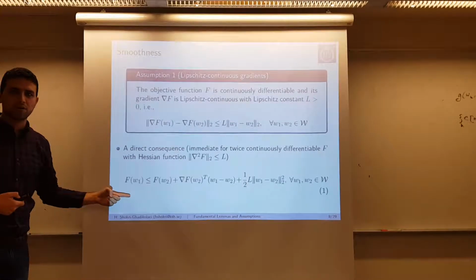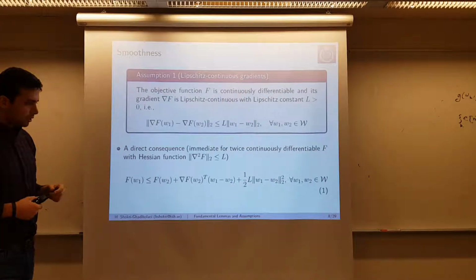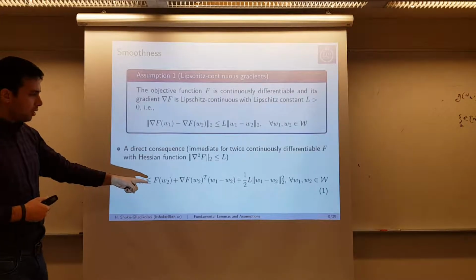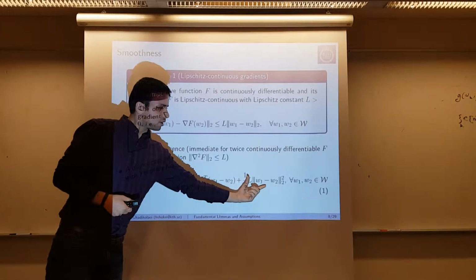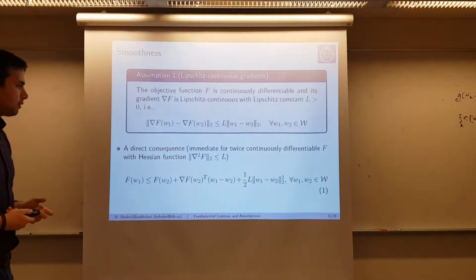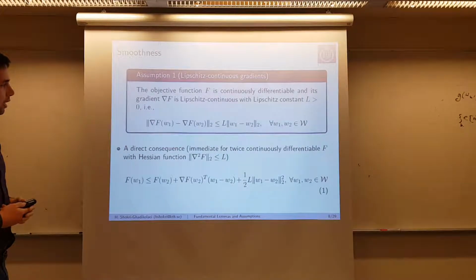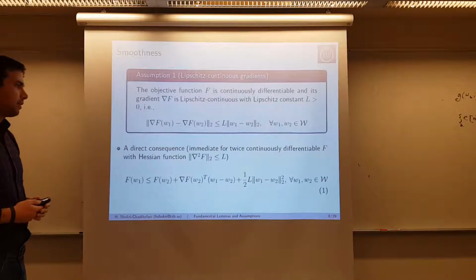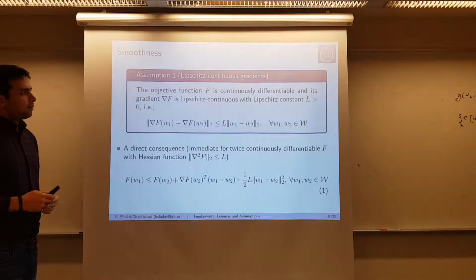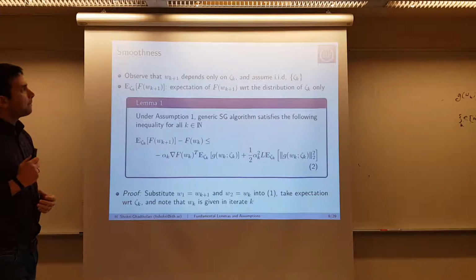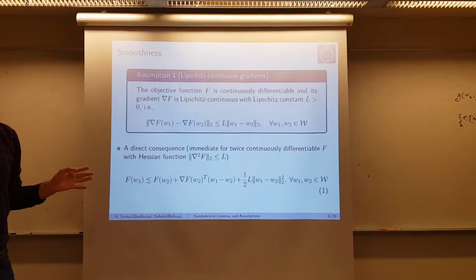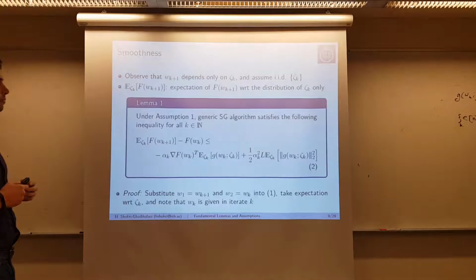We will use this inequality a lot later on. f of W1 is smaller than f of W2 plus the gradient term plus a quadratic term, right? Taylor expansion. Any question with this? Okay, simple assumption.